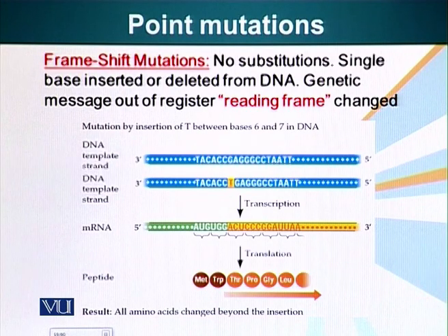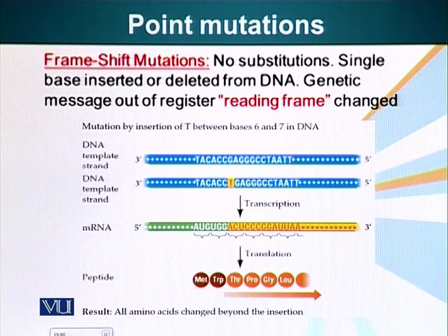Because of that, new codons appear that change from the original version. Wherever there is an insertion or deletion of a single nucleotide, all the amino acids that will be incorporated in the protein will be different from the ones originally coded. So it can also have a very dramatic effect.